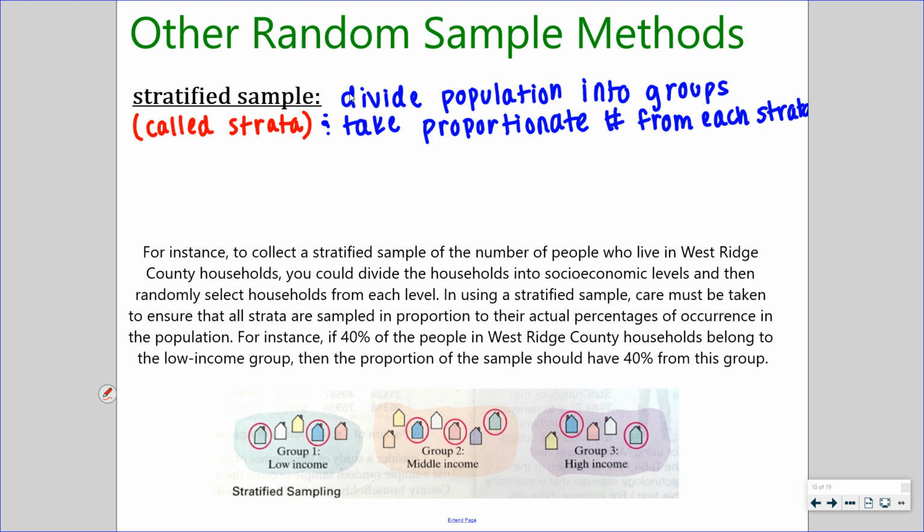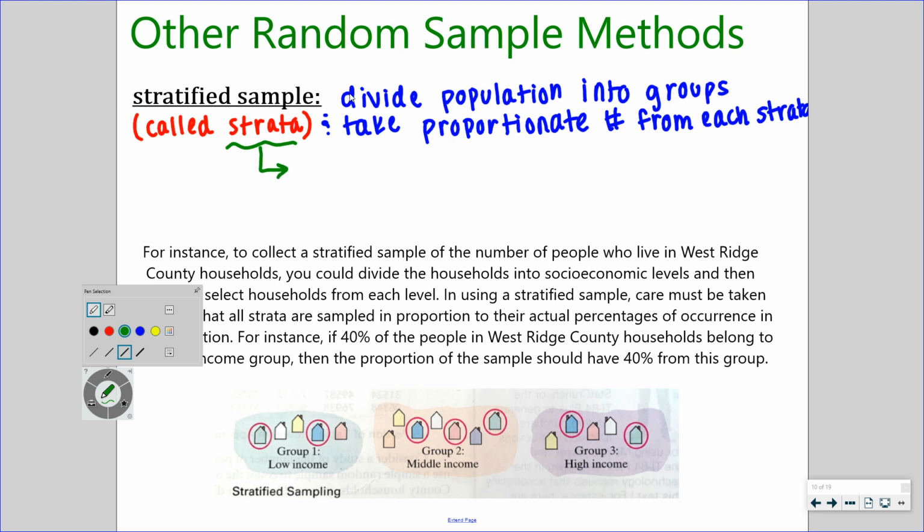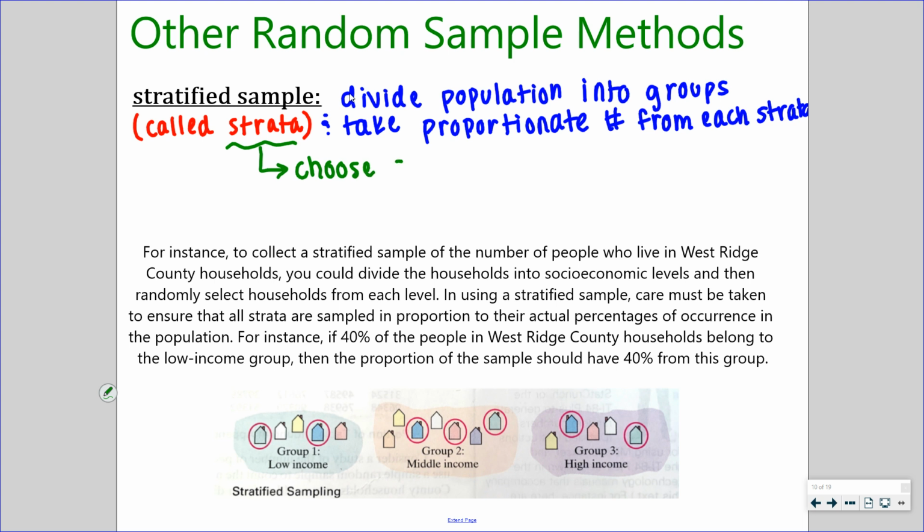So how you choose how to group them, or the strata: you want to group them based on characteristics that may affect their responses. Then I put a little example in here for you.